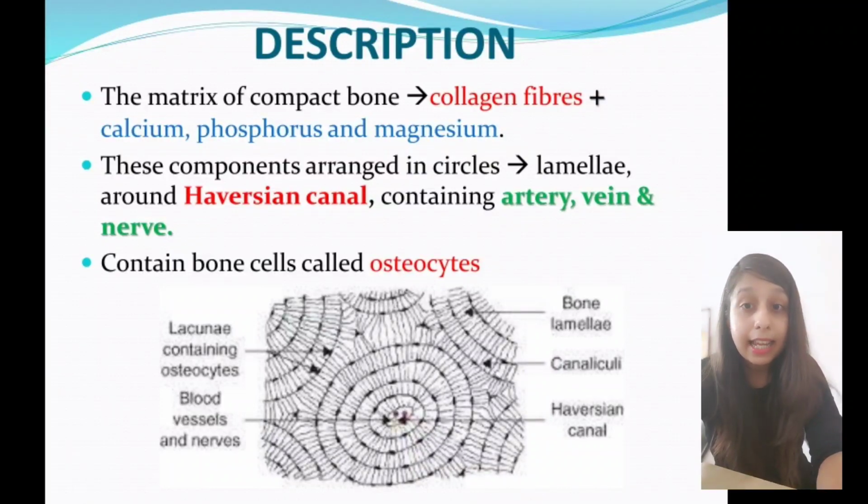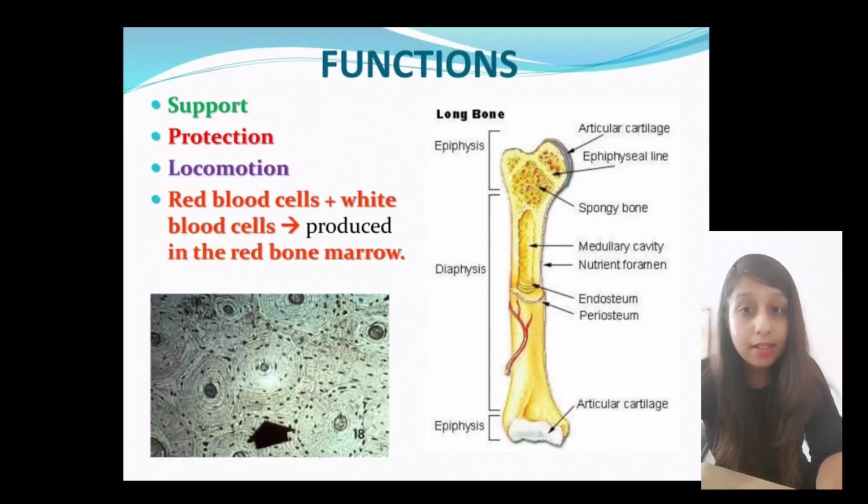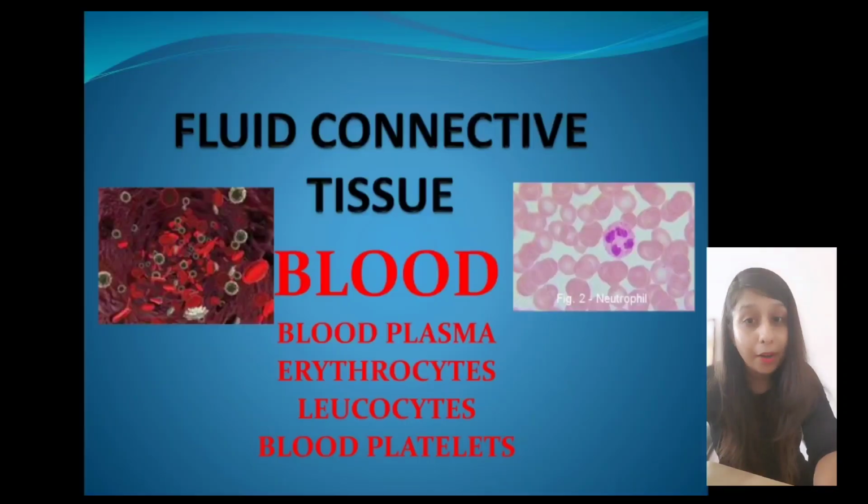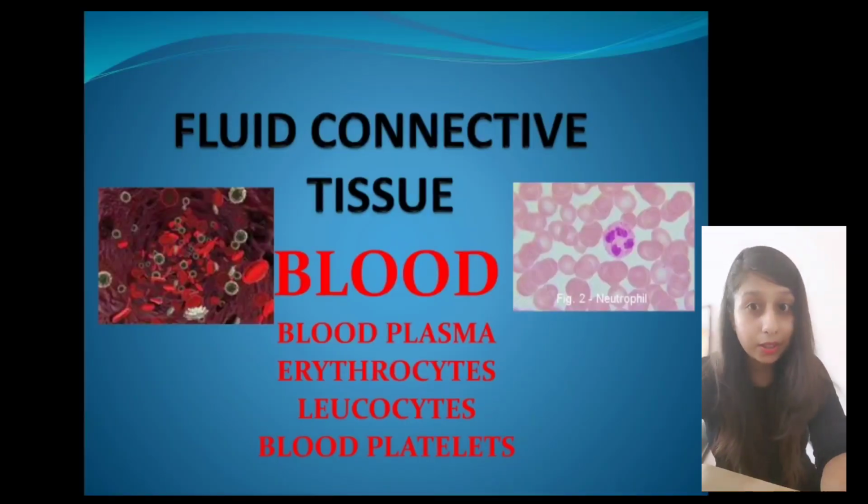They contain bone cells known as osteocytes. They are mainly responsible for support, protection, locomotion, and red blood cells and white blood cells are produced in the red bone marrow.